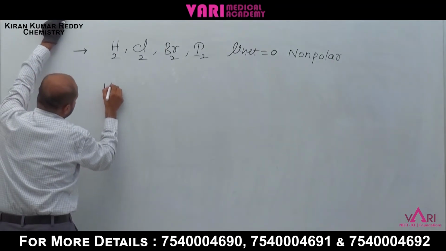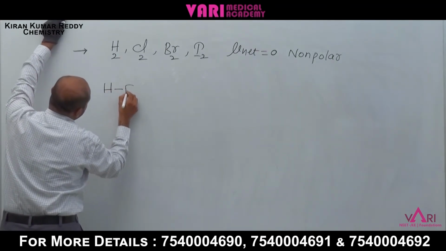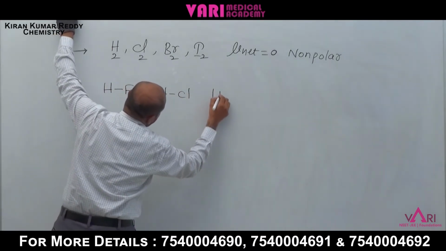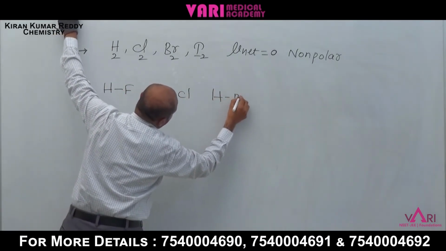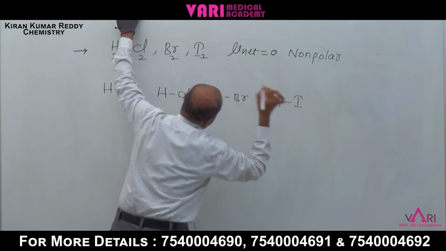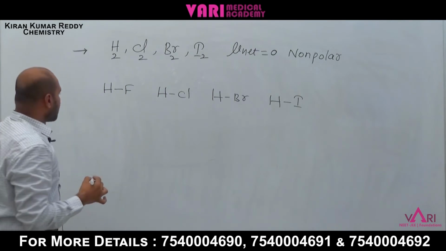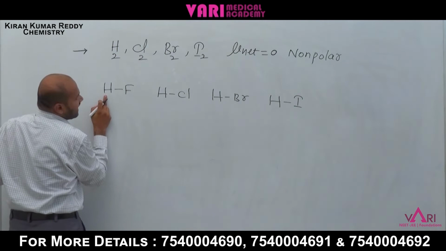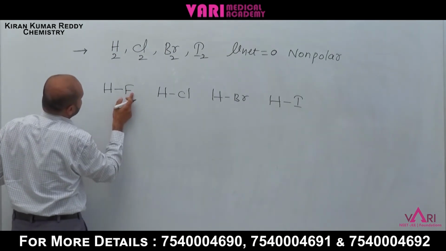Heterodiatomic molecules: I am writing HF, next HCl, HBr, HI. Here, which one is less electronegative? Hydrogen is less electronegative, fluorine is more electronegative.